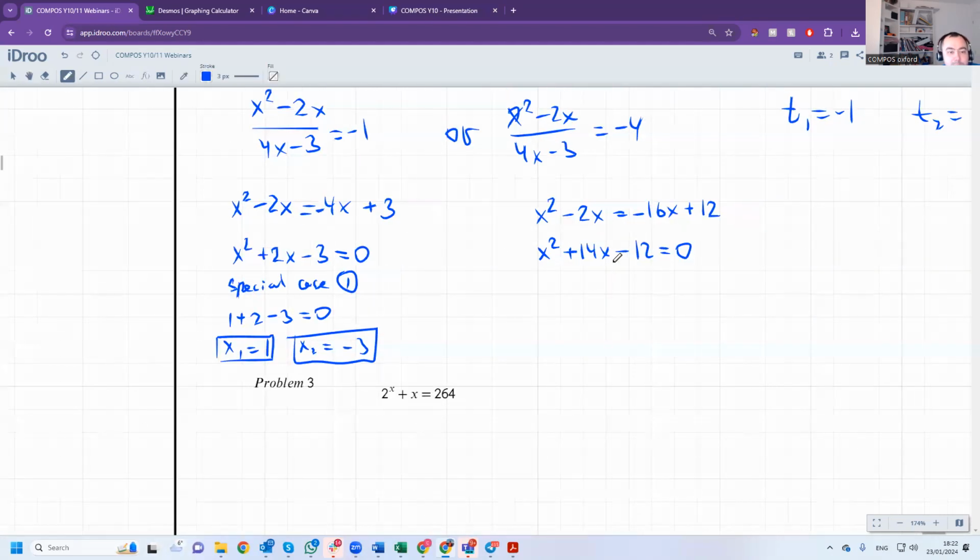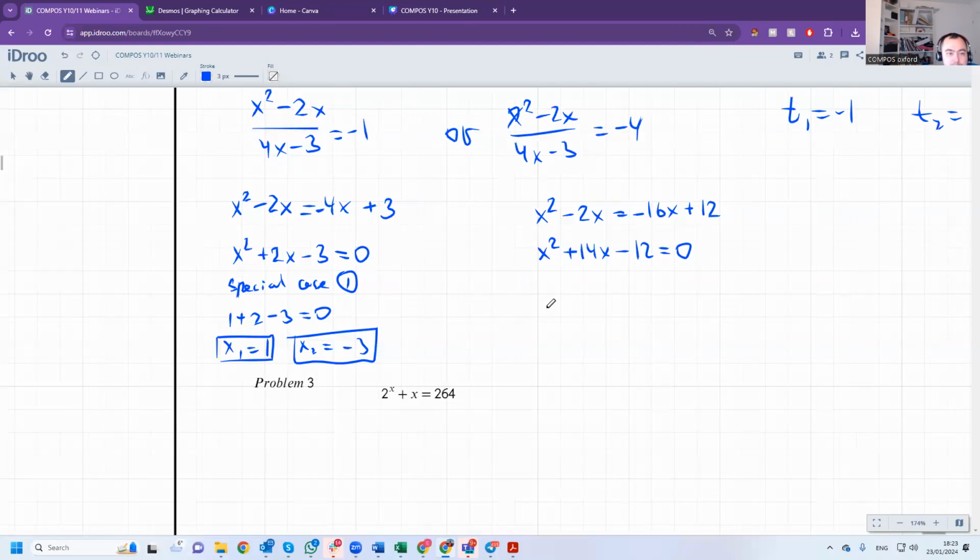Here, it looks like we'll need to use the formula because I don't think we can factorize it. Yeah, we can't factorize it.